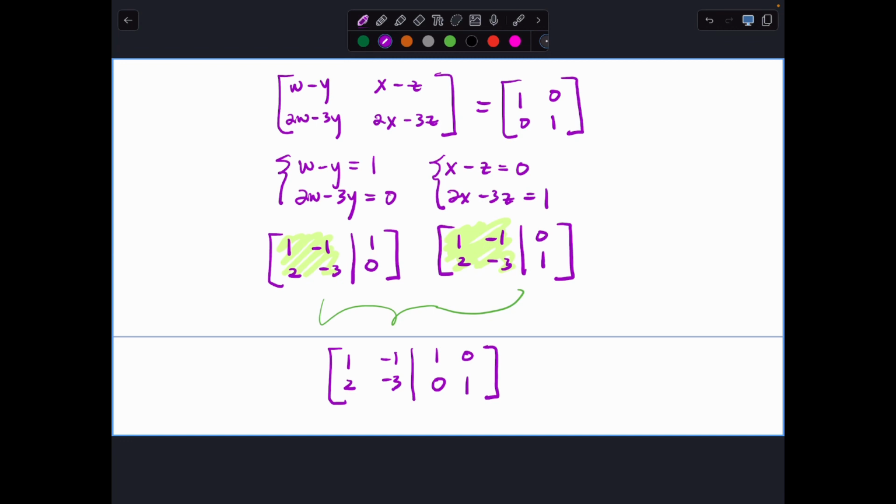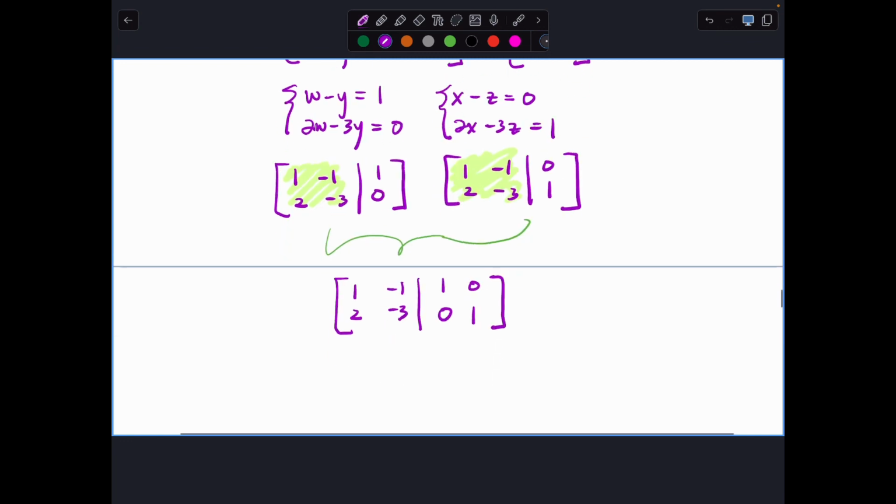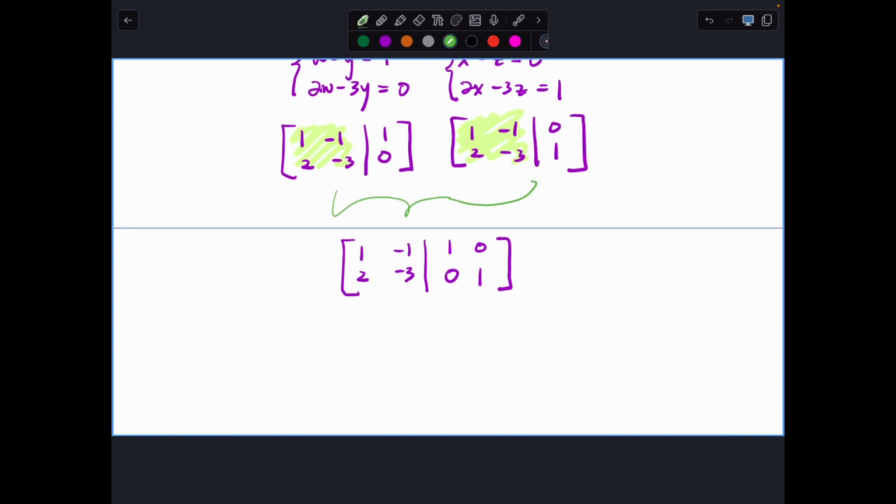Do you notice anything else that we've been talking about? The right-hand side has become like the identity thing. Yeah, the left-hand side is the coefficient matrix that we started with, and the right-hand side is the identity matrix.